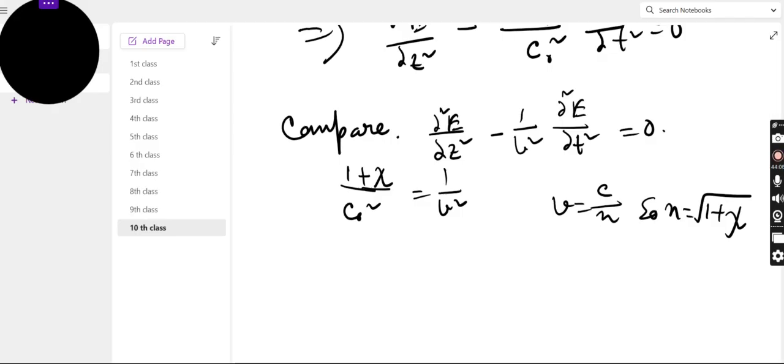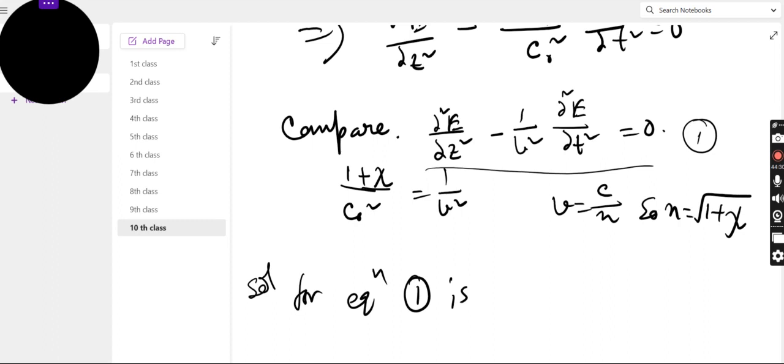So now, we know that the solution for equation 1 is E naught exponential i (kz minus omega t).